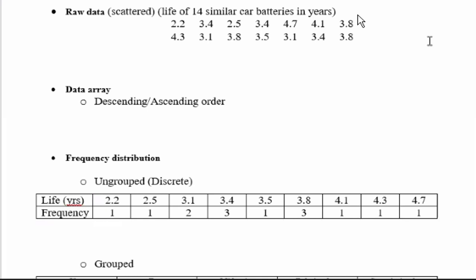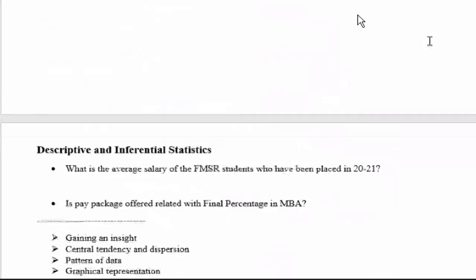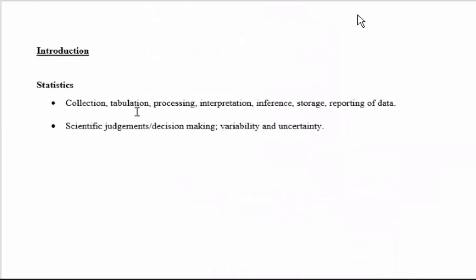So what we do is arrange data, we tabulate data in some form. As I discussed in the beginning, after collecting data, you need to tabulate or format it in some particular form before we go for its analysis. Because data in a raw or scattered form may not be of any use.